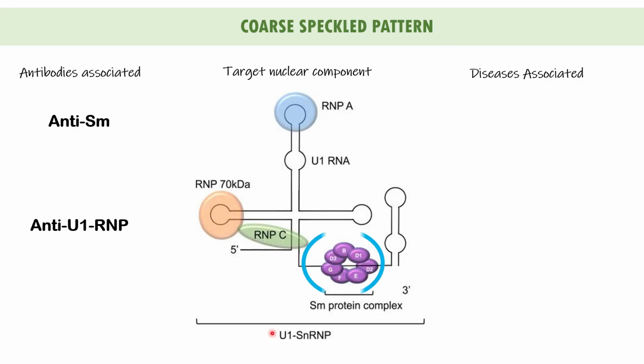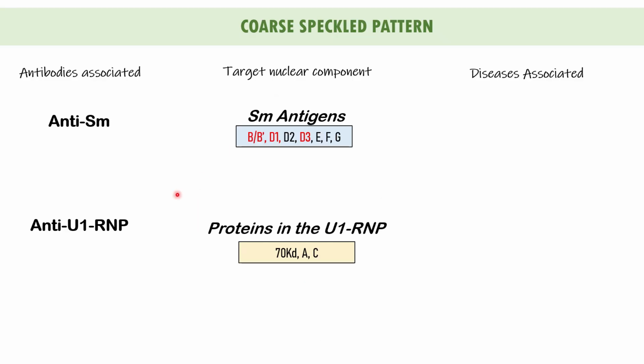Specifically, your anti-Smith will target the Smith protein complex or the Smith antigens, which are made up of 7 protein structures, while your anti-U1RNP will target other proteins such as that of your RNPA protein, RNPC, or the RNP70KD protein.